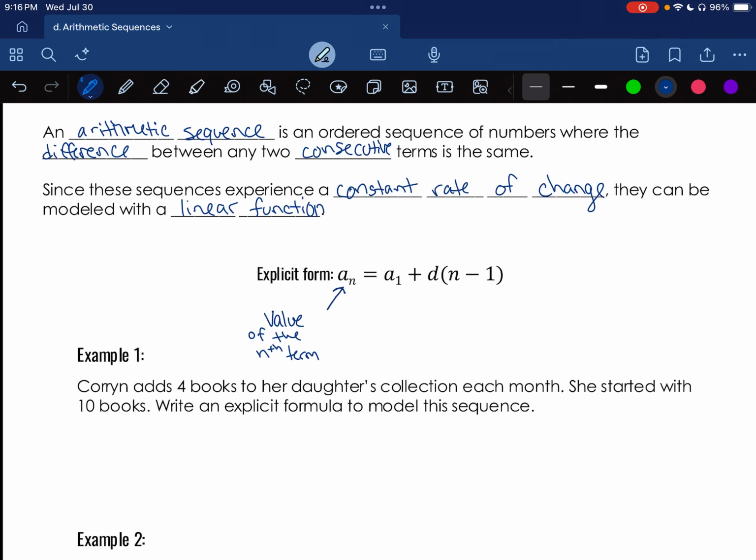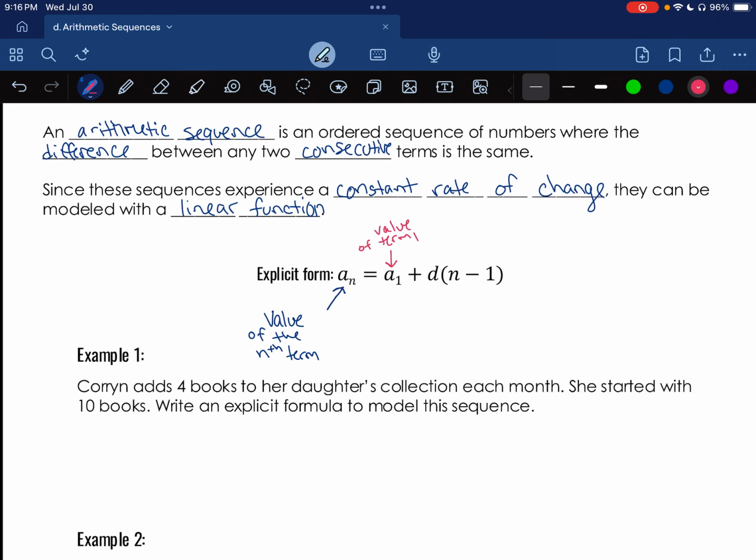A sub 1 here, that's going to be the value of 1, or you could say the first term. And notice that that subscript got replaced with number 1 because it tells you where that person is in the lineup. Like I'm A sub 1 in my family, right? I'm the first child. All right, next we have D, which stands for the common difference.